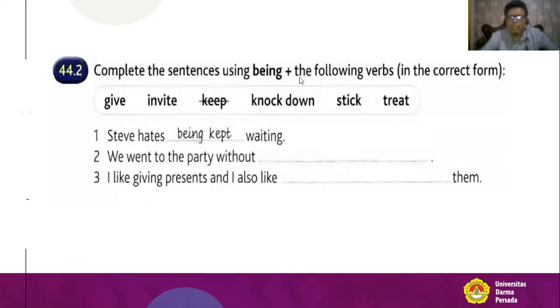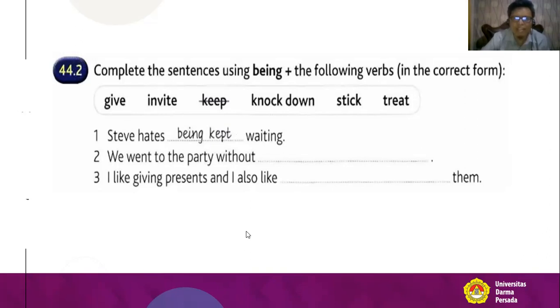Complete the sentences using being and the following verbs, in the correct form. Correct form means the passive participle form. Give, invite, keep, knock down, stick, treat. Steve hates being kept waiting. So keep becomes kept, and then we have being. Everything is with being. We went to the party without being invited.